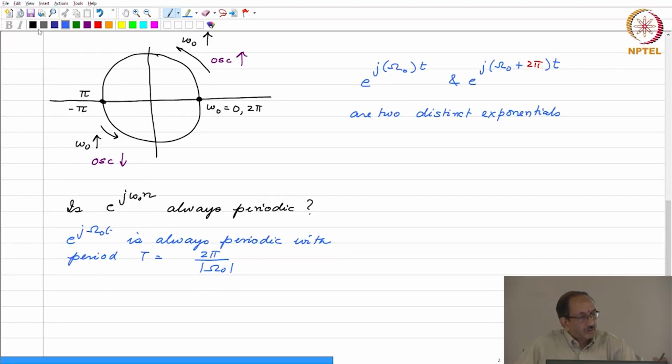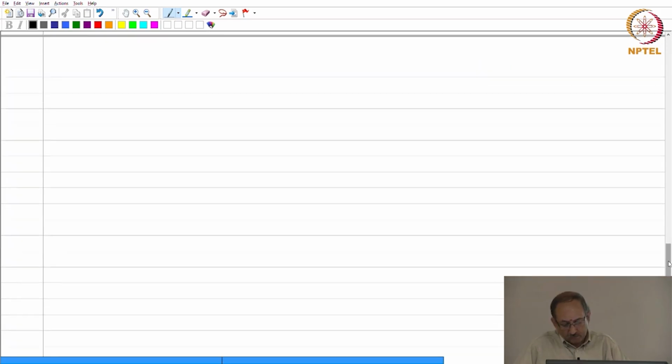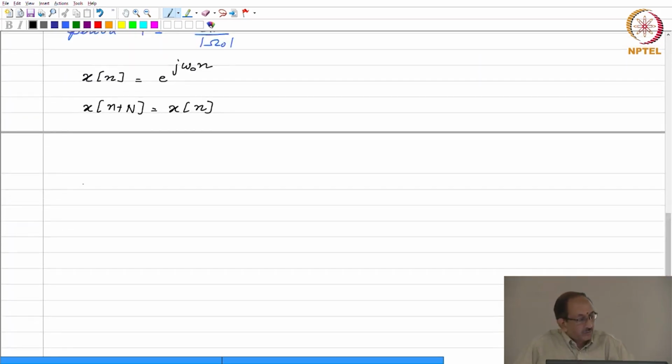Now let us consider the discrete time sequence. We want x of n equal to e to the j omega naught n. Under what conditions is x of n plus capital N the same as x of n? All you need to do is see under what conditions e to the j omega naught (n plus capital N) equals e to the j omega naught n.